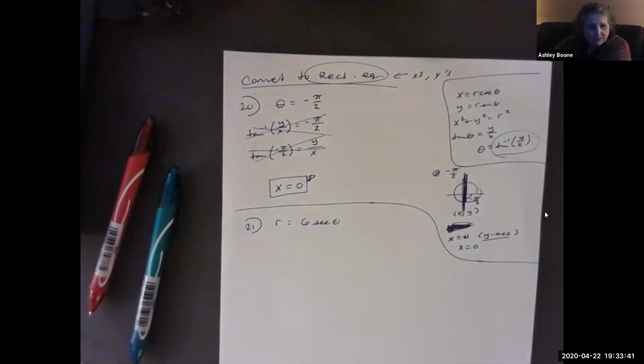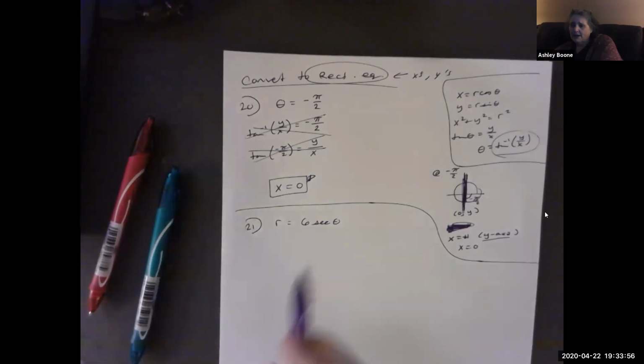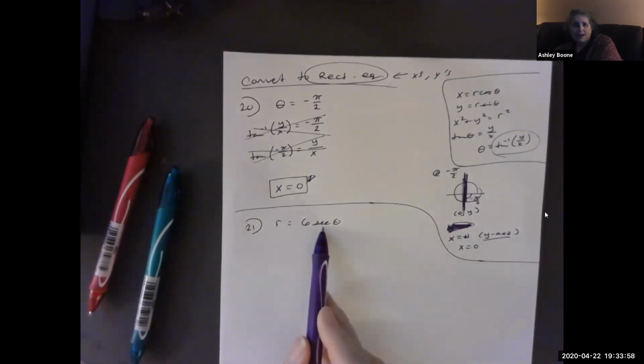Okay. Here's our toolbox. Now we know x squared plus y squared equals r squared. We know tangent. We also know x is r times cosine and y is r times sine. Well, I don't have cosine or sine here.